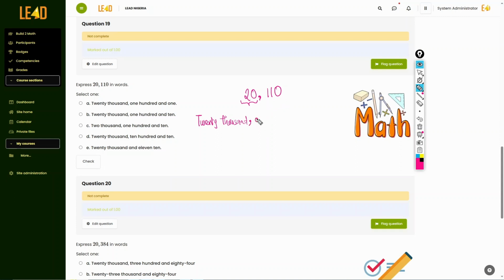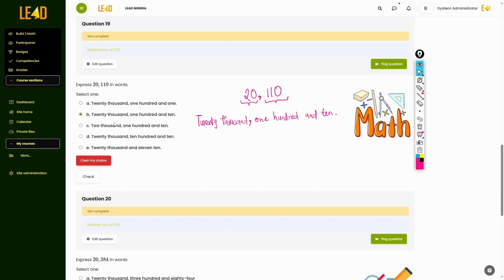We have 110. So before the comma, we have 20,000. After the comma, we have 110. So the correct answer is 20,110. That's option B.